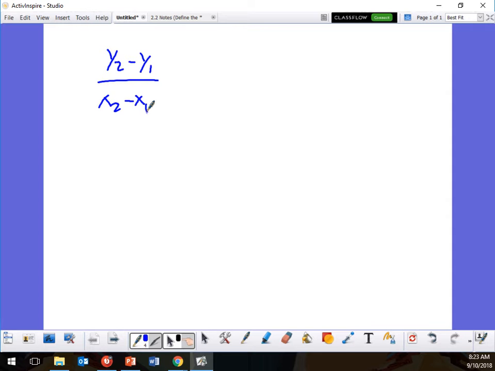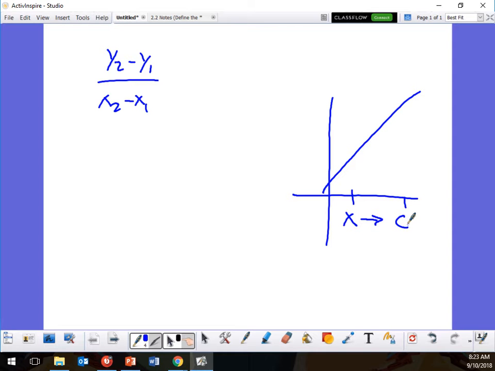If I am looking at a little graph right here, and I'm going this way to some value, as it's approaching c. This one right here is x plus c, comma f of x plus c.